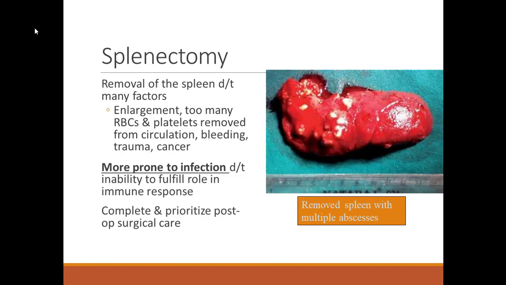Any amount of bleeding into the spleen will cause it to be useless. It will not be able to do anything. So even if it's a very small amount, maybe trauma that affects the spleen, they bleed a little bit into it, that spleen is pretty much useless.